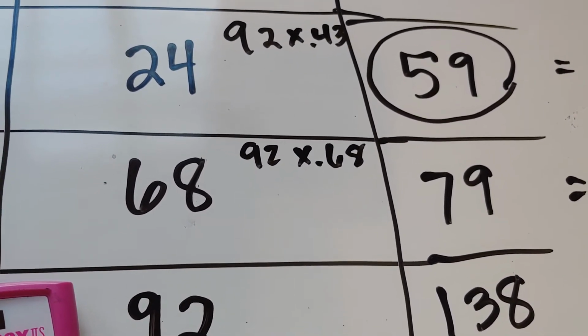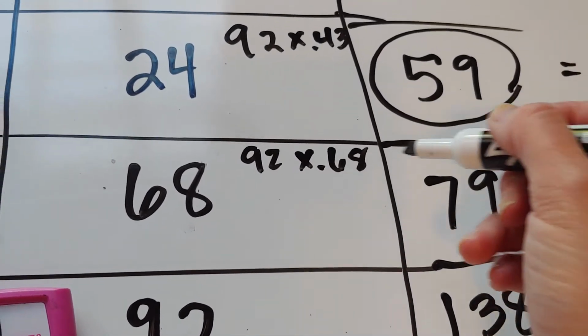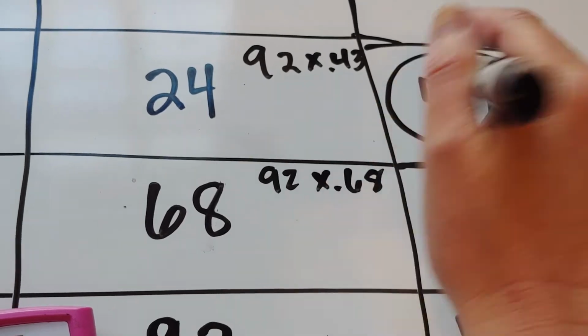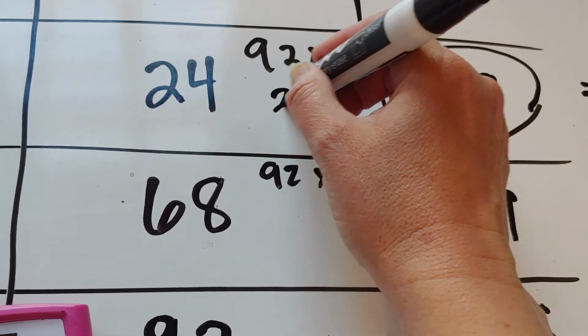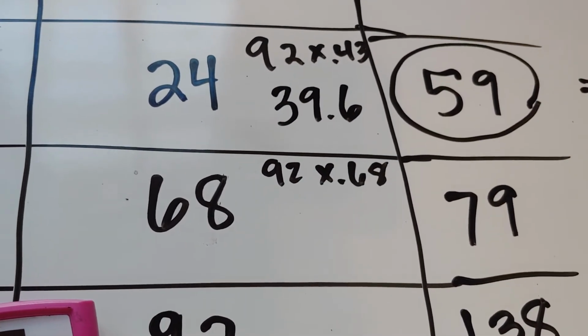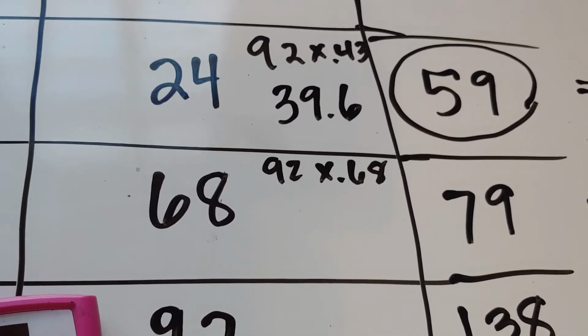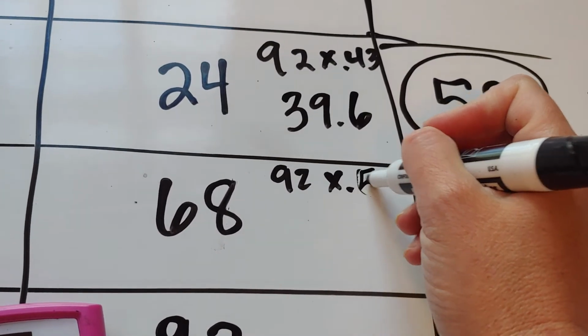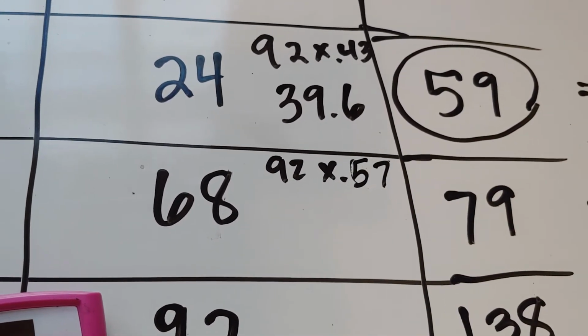So if I do this, I'm going to get 39.456. Let's go ahead and just call that 39.6. Okay. And then here I will have 92 times, oh, sorry, I wrote the wrong number, times 57%.